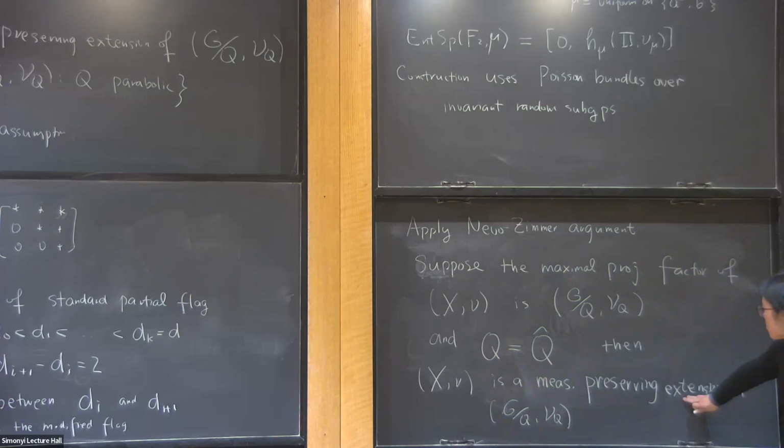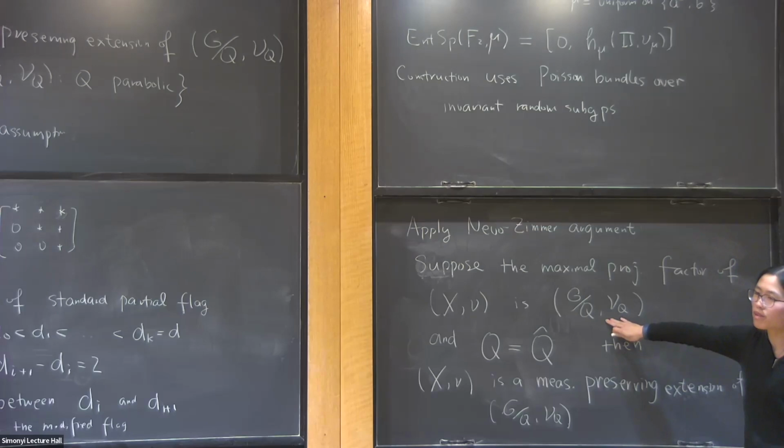If it is not measure preserving, then you can run the argument again to find out that this is not the maximal projective factor. You need to think through how to apply their argument, but it follows from the Nevo-Zimmer theorems.